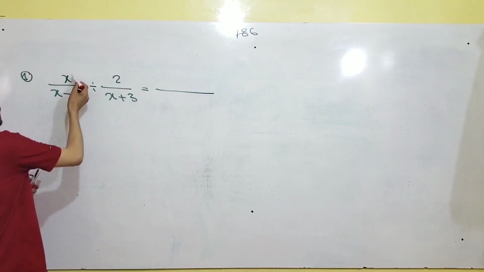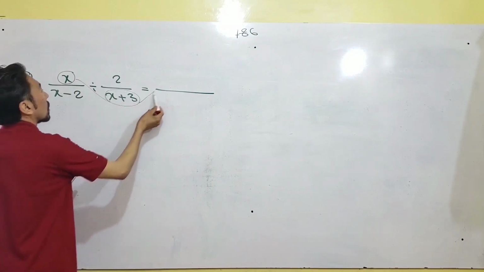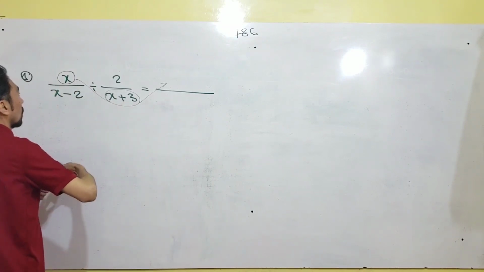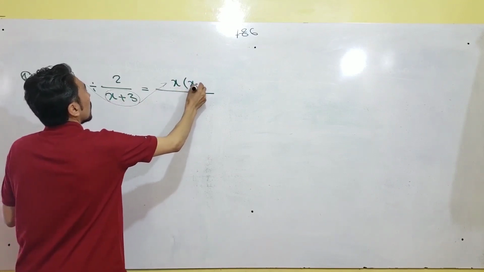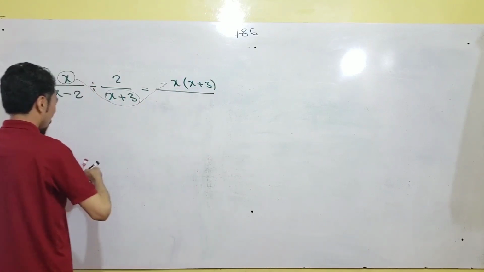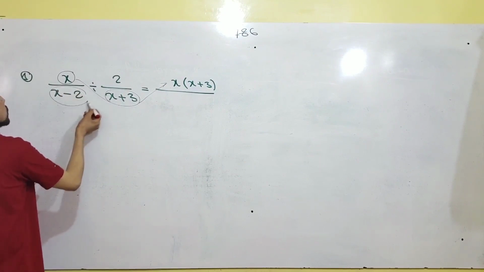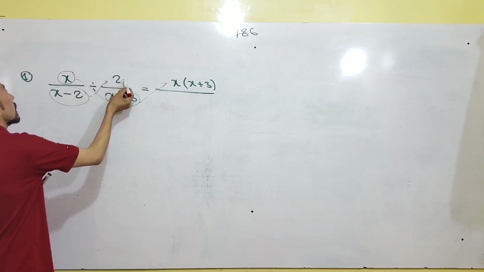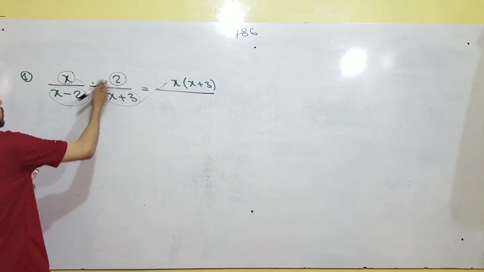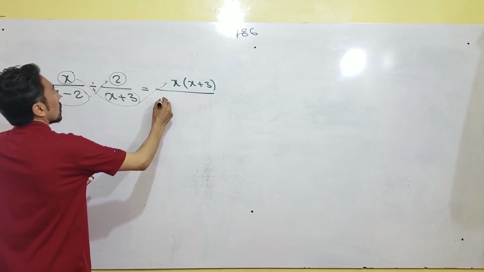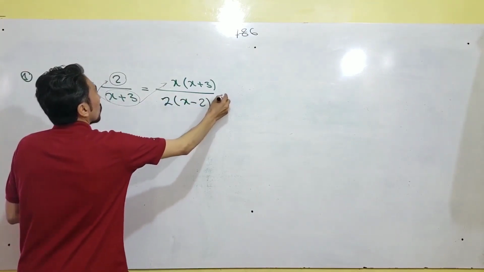multiply the first denominator with the second denominator, and right here we have x multiplied by x plus 3, and this first fraction denominator multiplied by the second fraction numerator. We multiply these two parts: 2 multiplied by x minus 2.